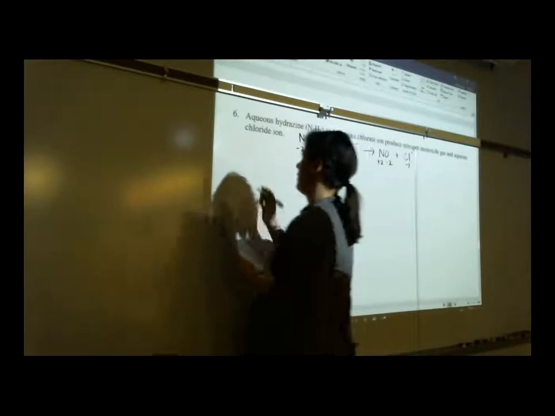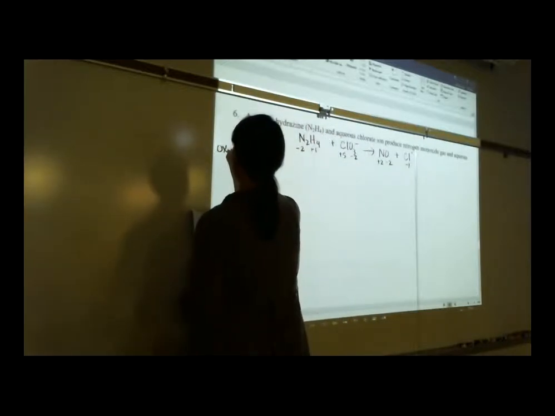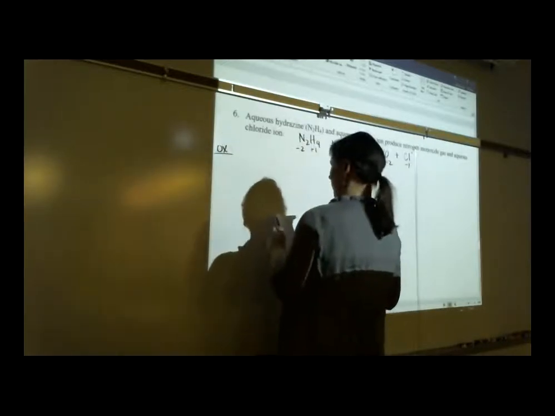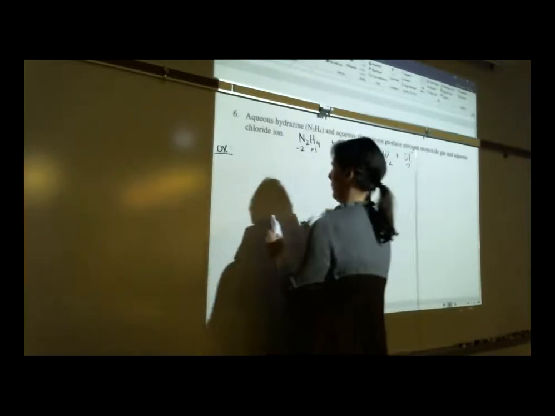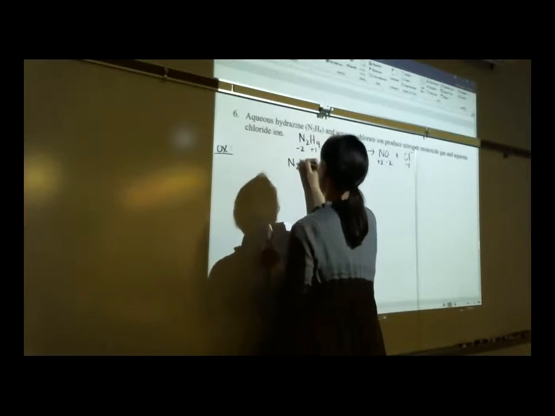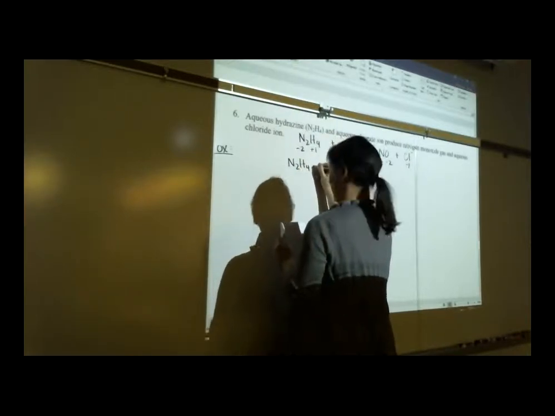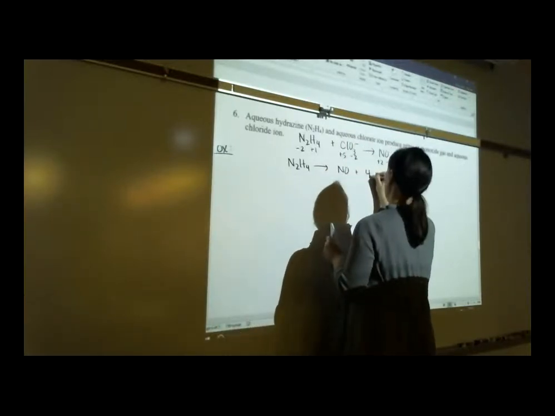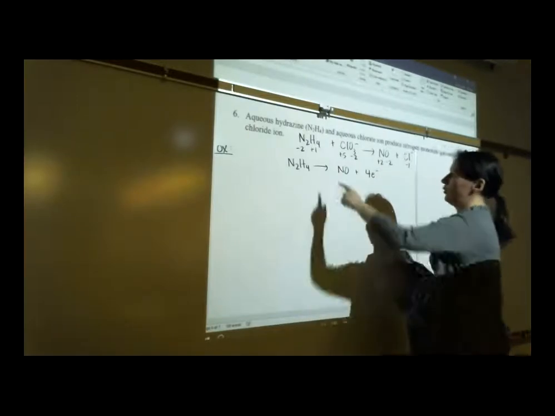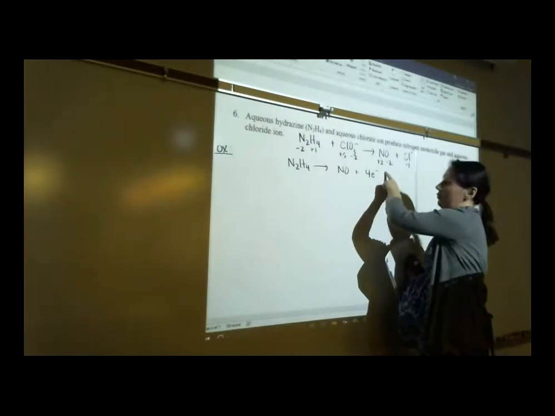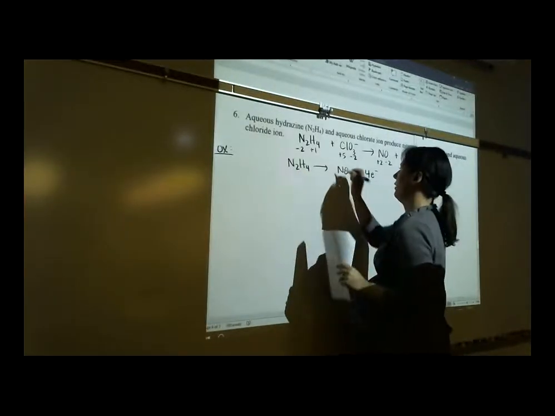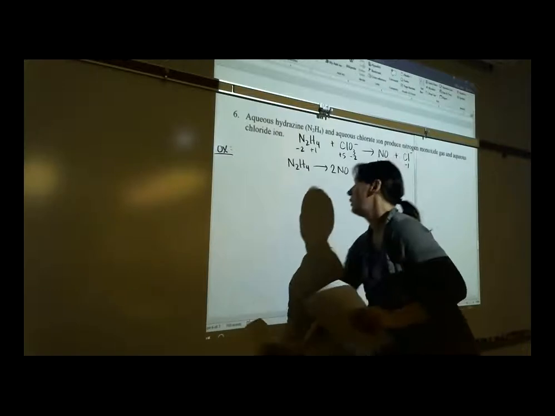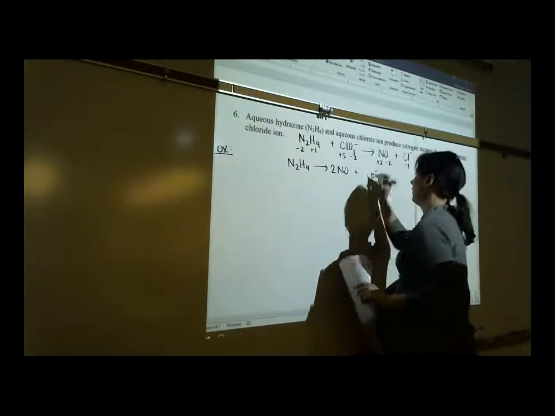Okay, so let's do the oxidation first. We've got -2 going to +2, right? So N2H4 going into NO plus 4e-, right? Because to go from -2 to +2, that's a loss of 4. But there are 2 nitrogens to contend with, so I need a coefficient of 2 here, which means I need to change this to 8.